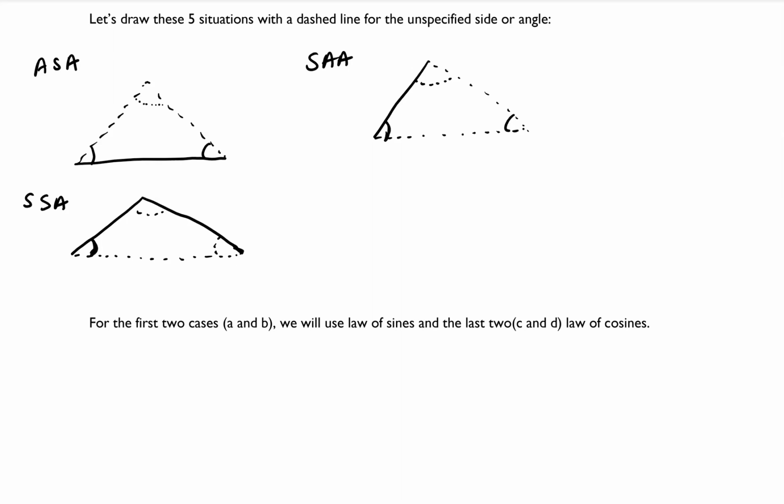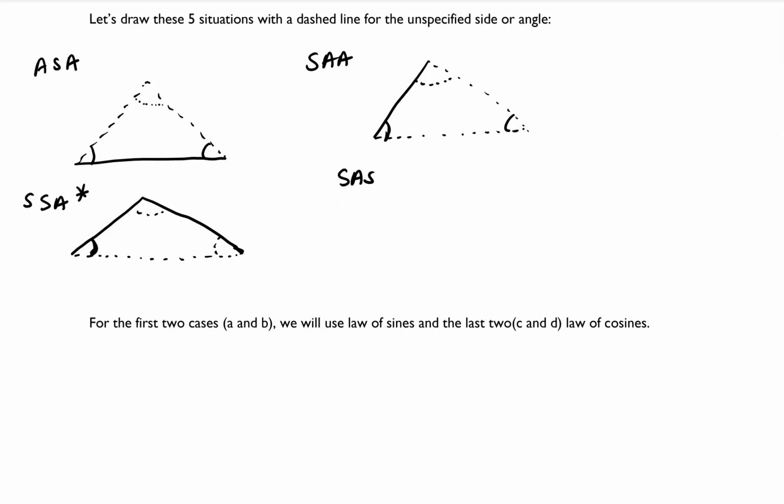Now, this is kind of the special case because sometimes there's what we call the ambiguous case, and then the triangle actually looks like that. And we will encounter some examples of this in just a moment.